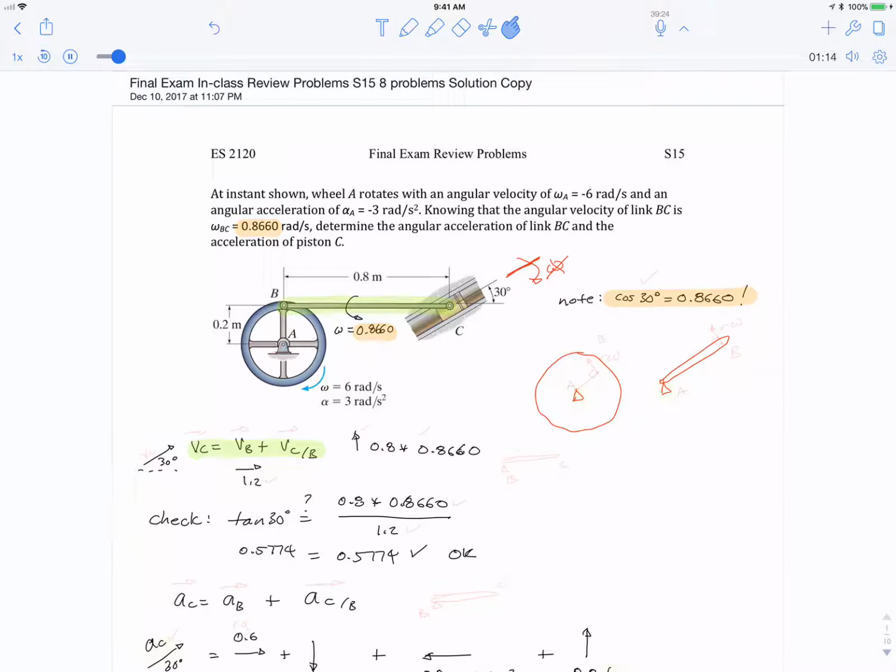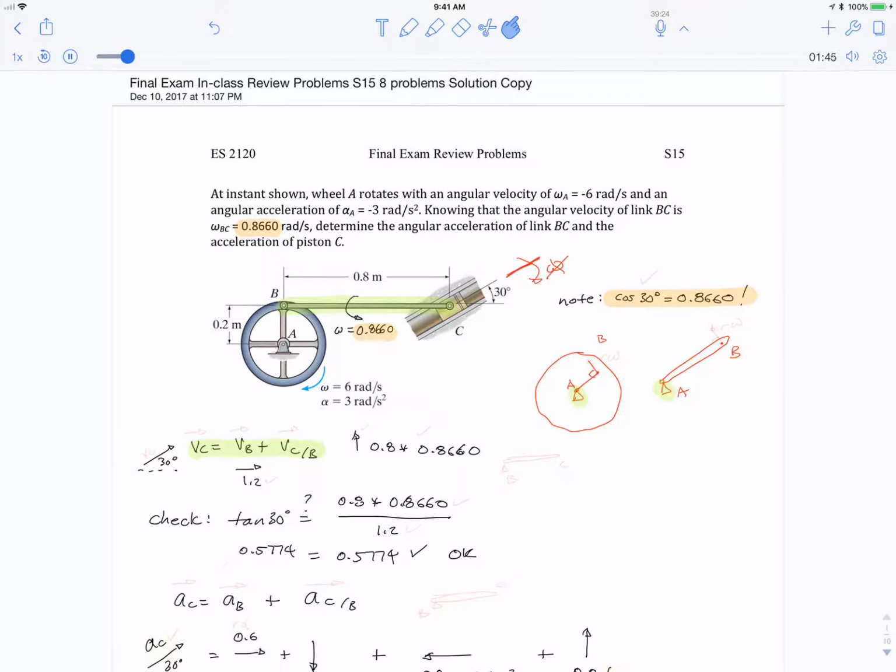The first thing I do when I do these problems is I look around for these pins that are fixed and are not moving, and then I know whatever's connected to that pin is spinning around there. Let's say that's point A, and this point out here is B. You know that B is spinning around A because A is pinned and fixed.